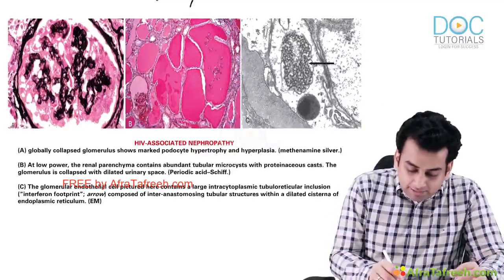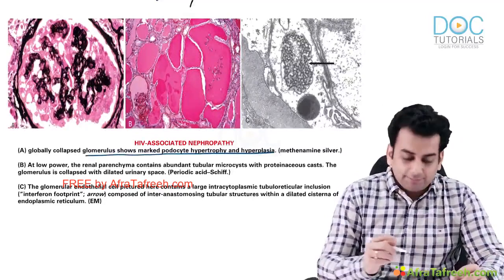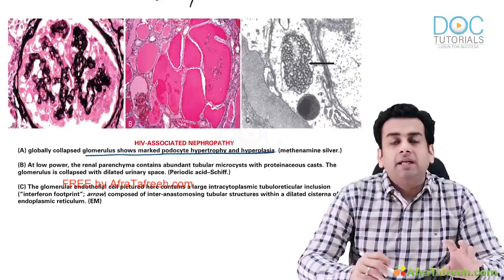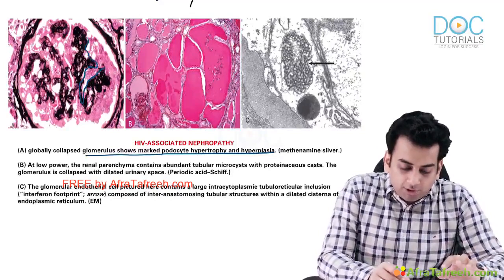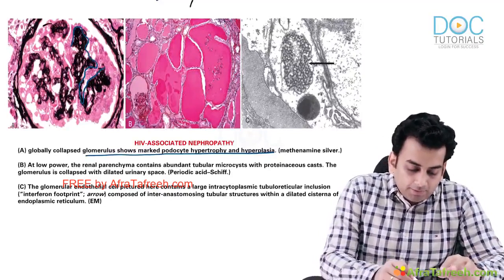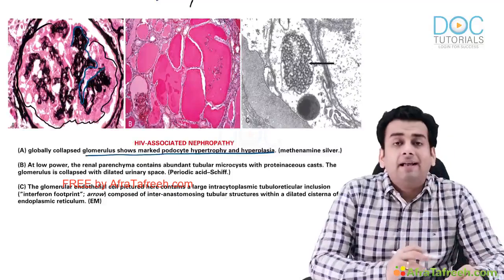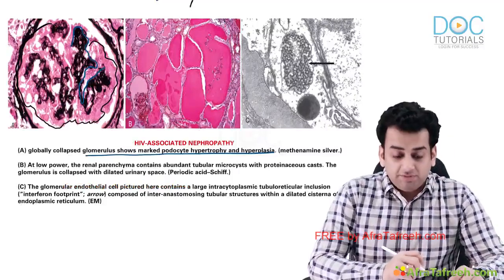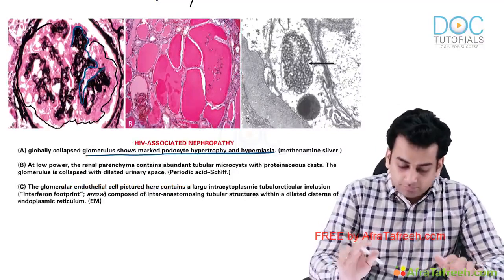There has been increased podocyte hypertrophy and hyperplasia, and that has occupied the space where there is collapse. This is the collapse of the glomerular tuft, and this is the podocyte hypertrophy, which appears like a crescent to the naked eye, but it is not.